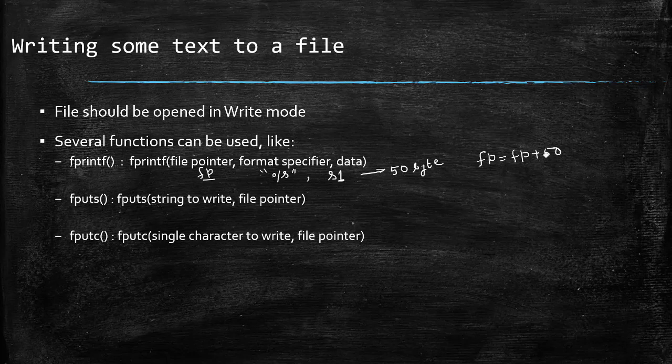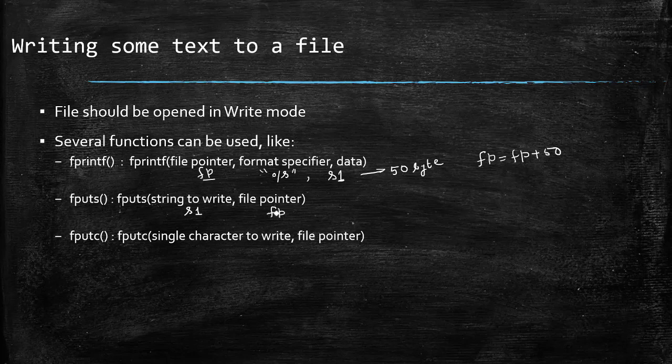Similarly, the next function is fputs. Here, suppose the data is in s1, a string or array of characters, and we want to write it into the file pointer fp, which is opened. The file should be opened in write mode, obviously.